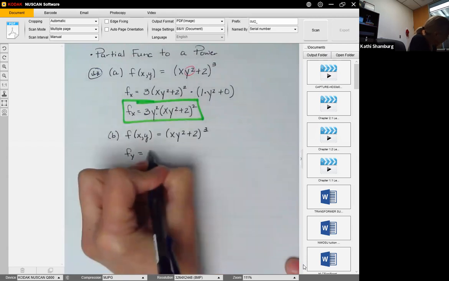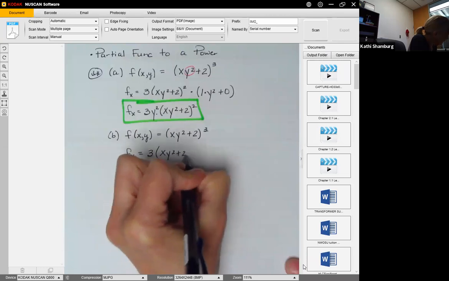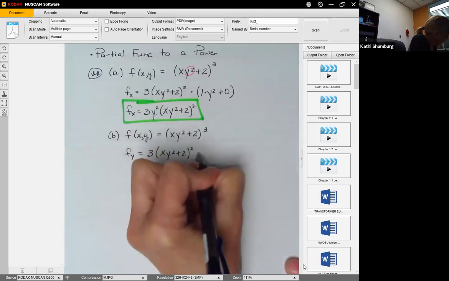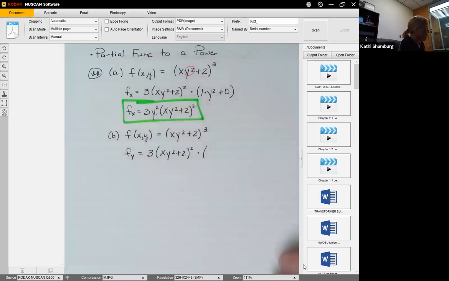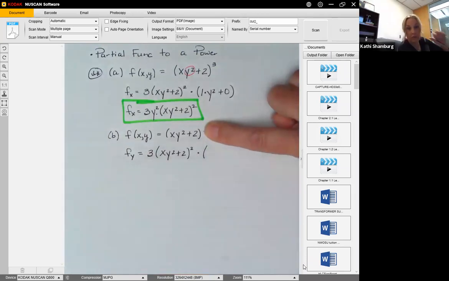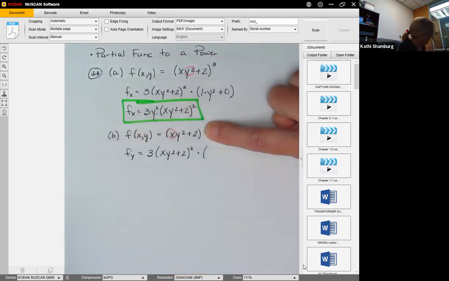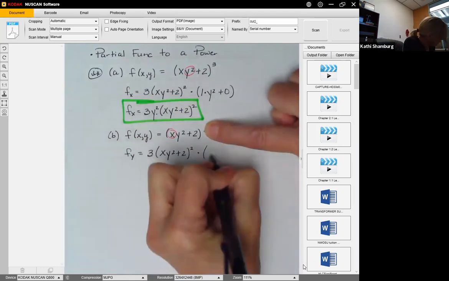So again, bring the 3 down, leave what's in the parentheses alone. 3 minus 1 is 2. Now we're going to multiply this, and now I need to take the derivative of the junk. But now it's with respect to y. So in that case, this x is my constant multiple, so we leave it alone.